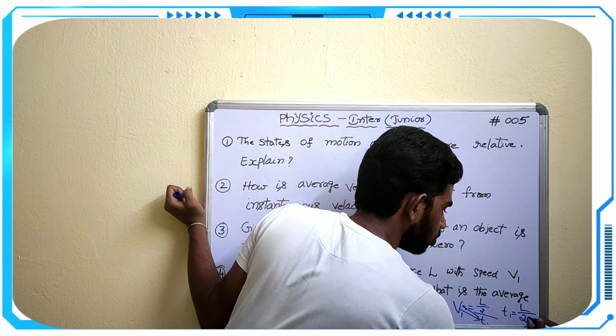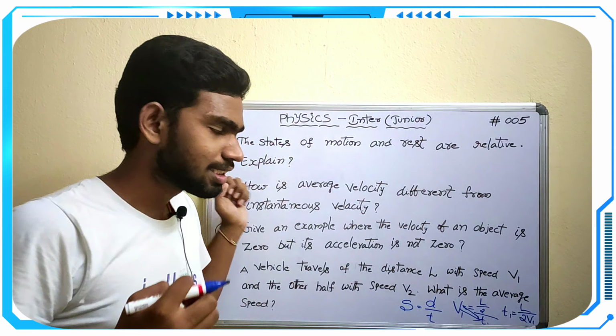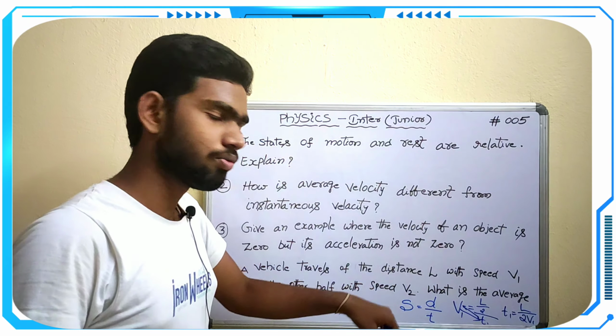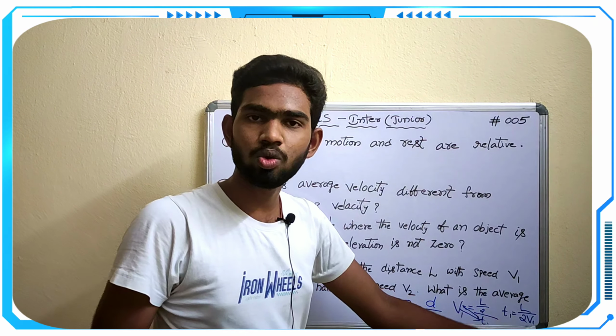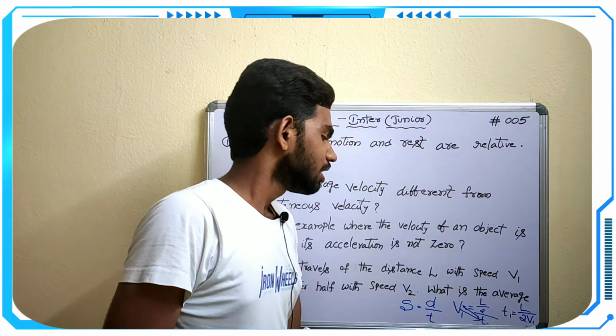In the same way, we write for the v2 speed, that is t2 time, equal to L by 2 v2. So the total time is L by 2 v1 plus L by 2 v2.